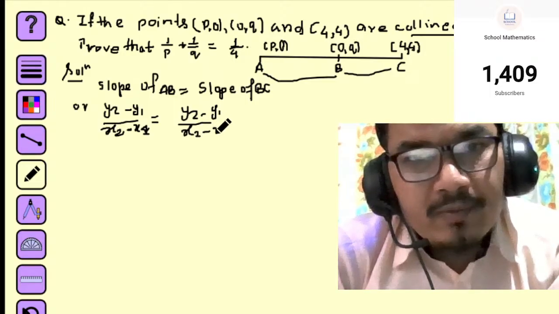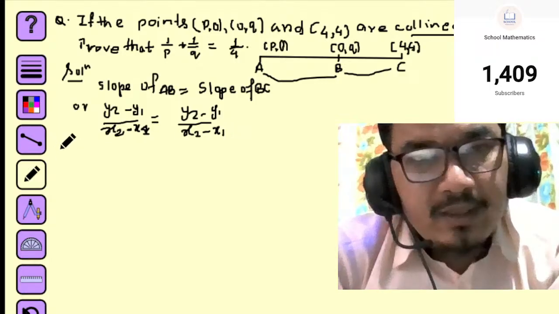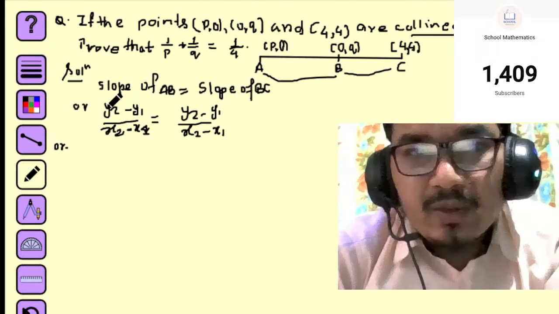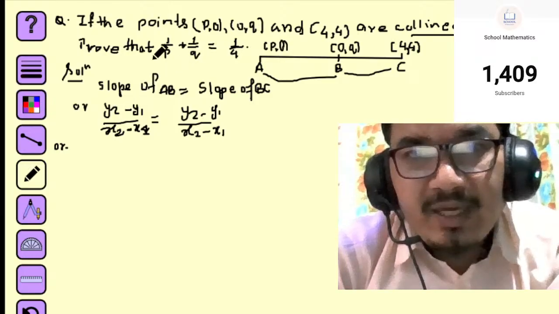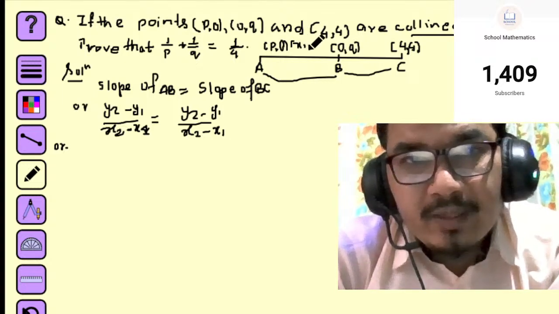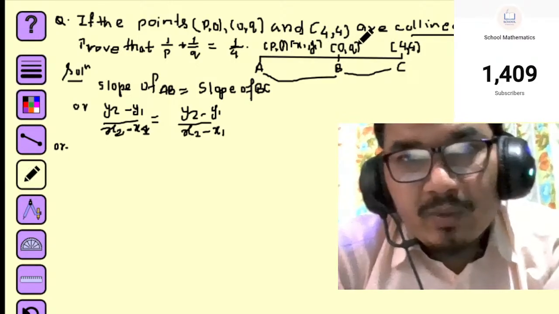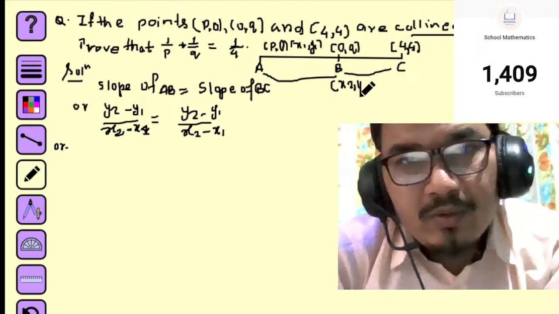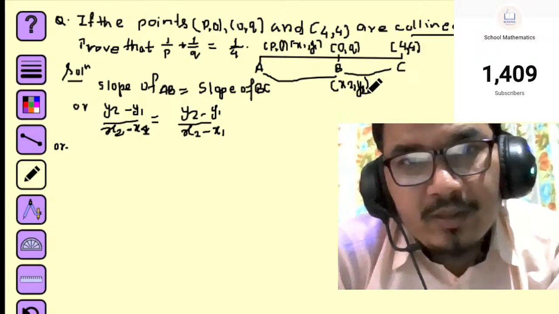While putting the values, for AB we take the first coordinate as x1 y1 and the second one as x2 y2, always.